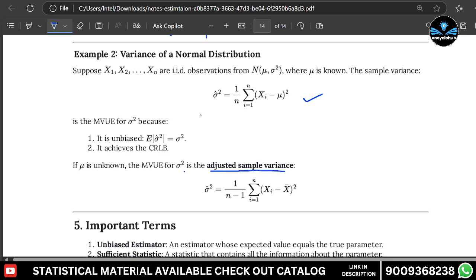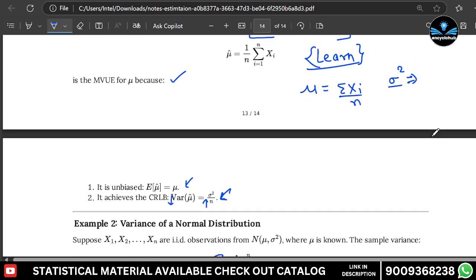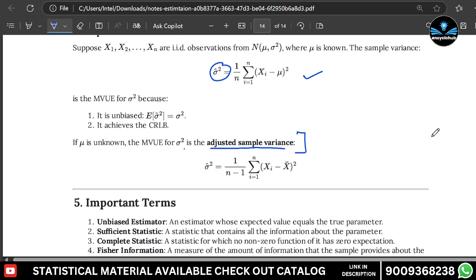So sigma square is also an MVUE, and it is unbiased and it achieves the CRLB if mu is unknown. It was my mistake earlier when I said sigma square is not an MVUE, but it is actually an MVUE also.